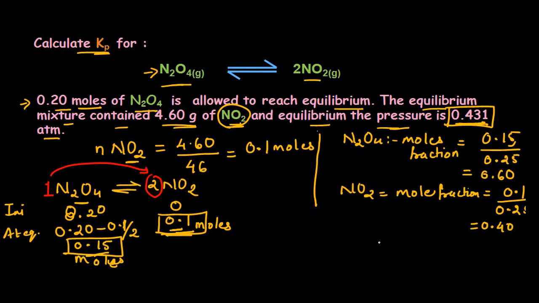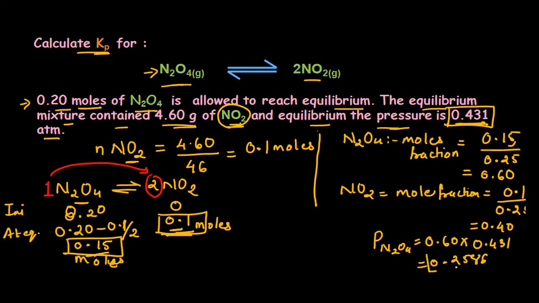Now let's calculate the partial pressure of both the gases. First N2O4. What we need to do is multiply the mole fraction with the total pressure, that is 0.431, which gives us the value of 0.2586.